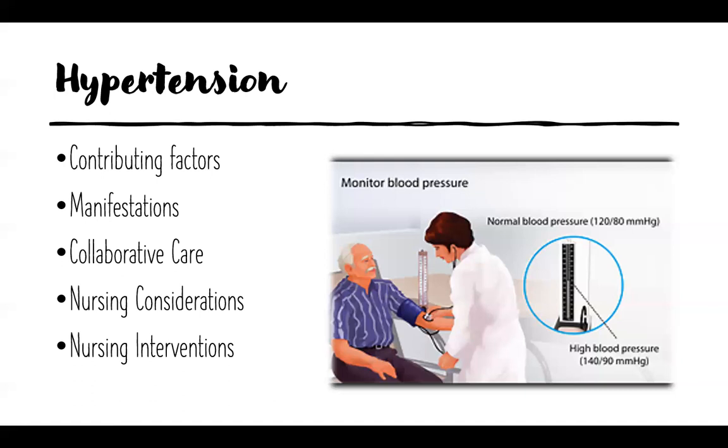That's like your clonidine. They may also have to take ACE inhibitors. That's your prils: your captopril, your lisinopril, your enalapril. They also may be prescribed calcium channel blockers. That is your nifedipine, your verapamil, your diltiazem, right?